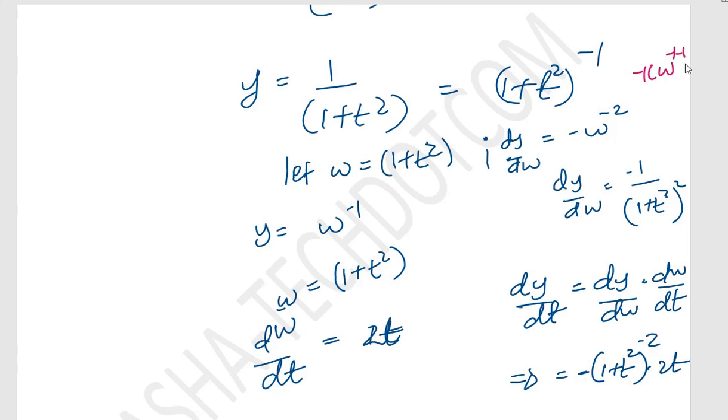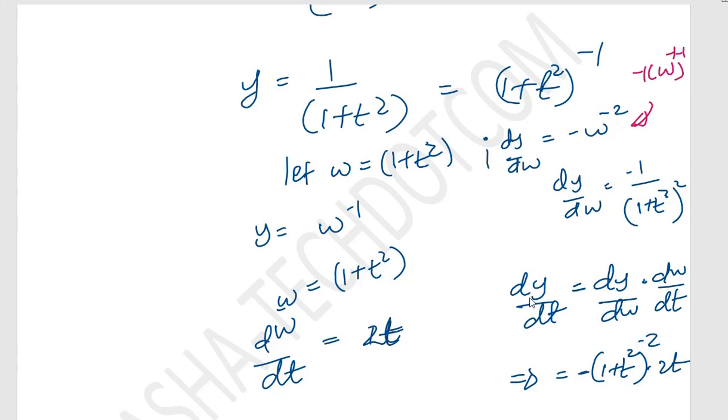There you are differentiating, and this brings you to negative w to the power negative 2. So dy/dw will therefore equal negative 1 divided by 1 plus t squared, everything to power 2. Since y is w to the power negative 1 and w is 1 plus t squared, dw/dt will give us 2t.